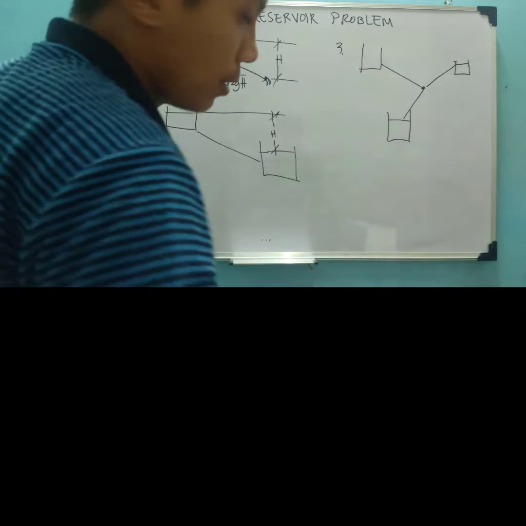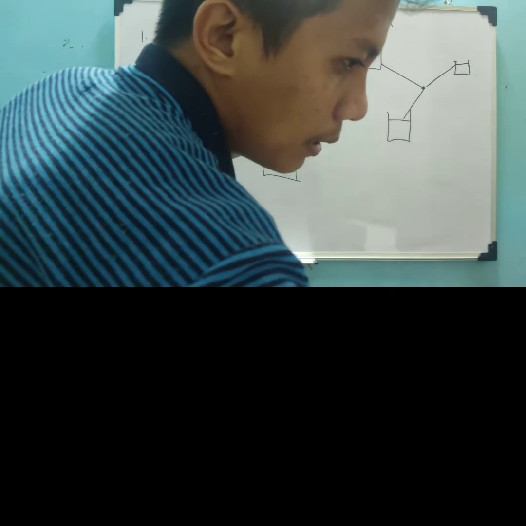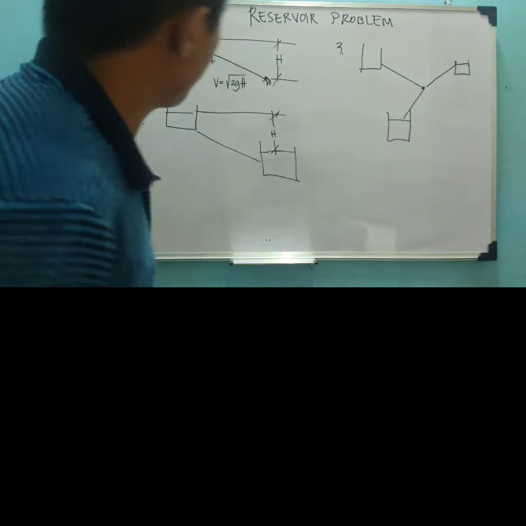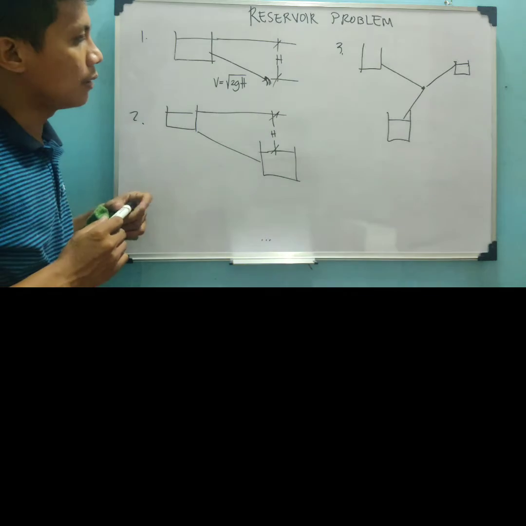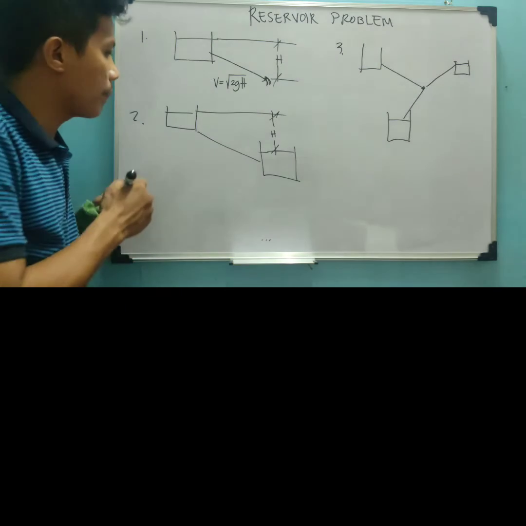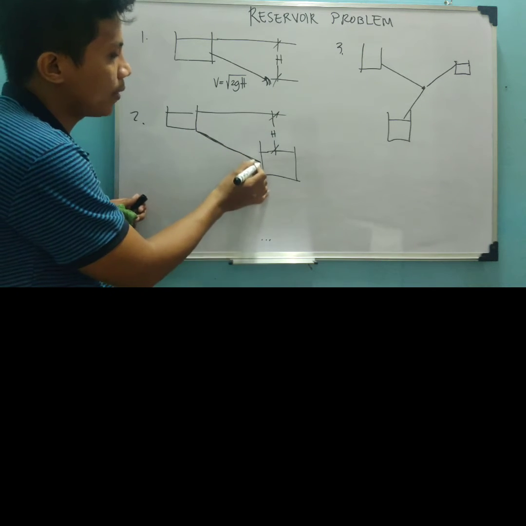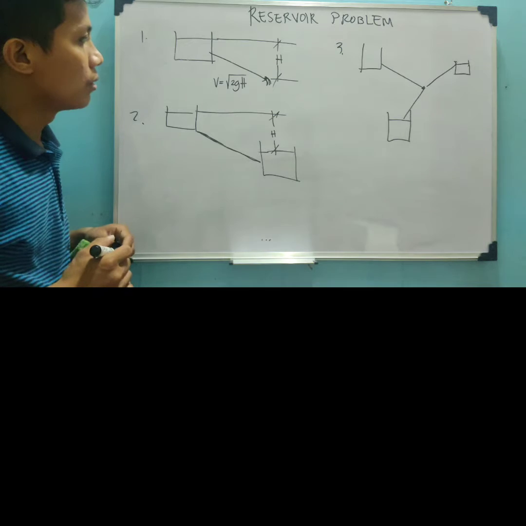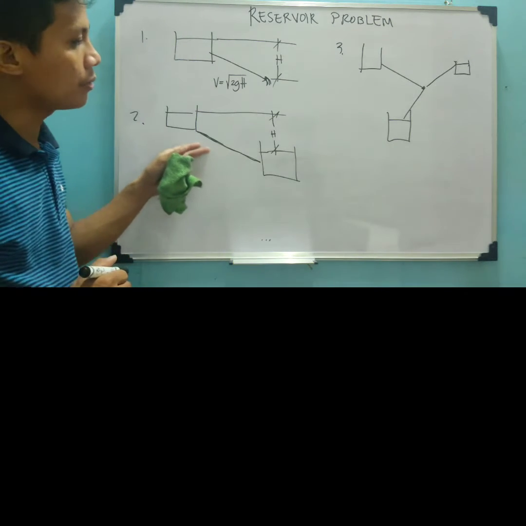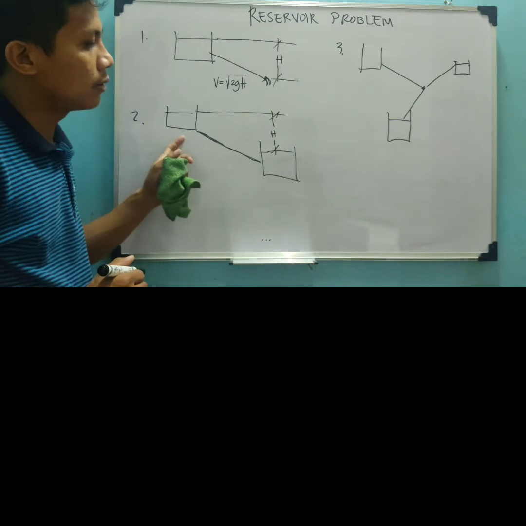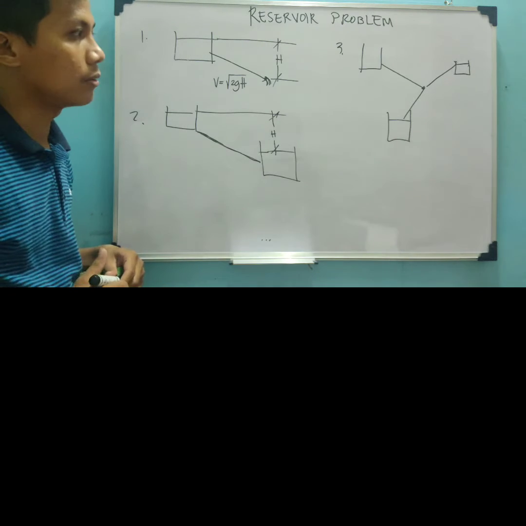Everything is the same when you solve the problem. As I said in our hydraulics earlier, for everything that has a pipe, you can apply Bernoulli's equation. So if you are confused about which formula to use, apply Bernoulli's equation.